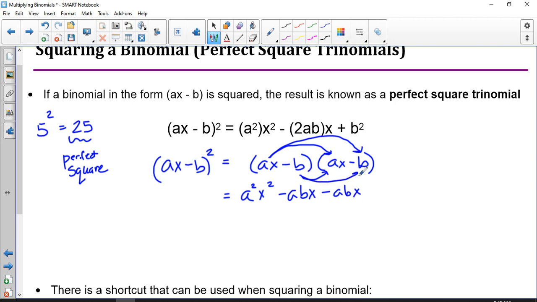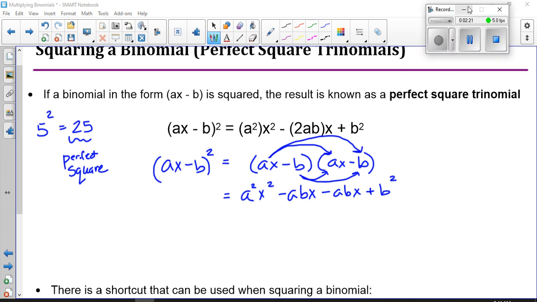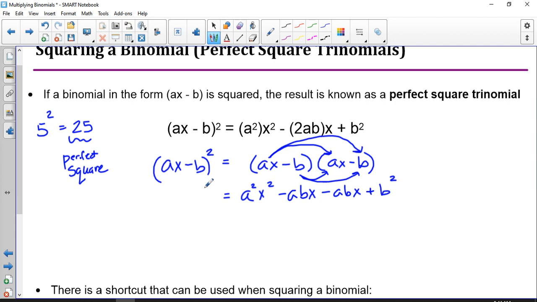Lastly, negative b times negative b, a negative and a negative makes a positive, so b squared. Now the two middle terms are like terms. So a squared x squared, negative abx minus abx is negative 2abx, and then plus b squared.